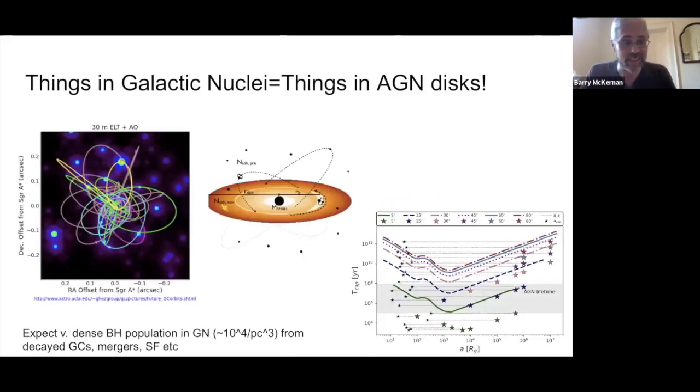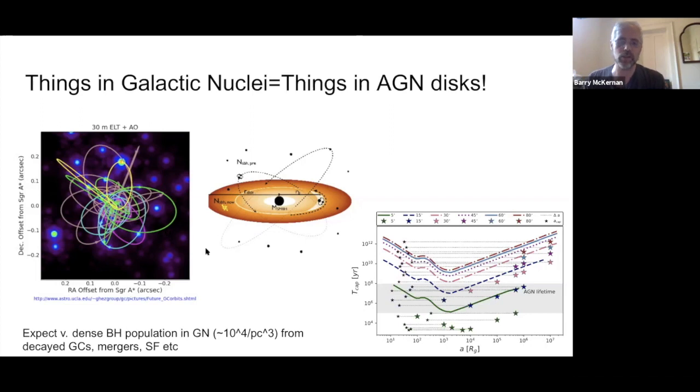So the solution is that there are things in galactic nuclei. The galactic nucleus isn't just a supermassive black hole with a gas disk or no gas disk. There are things there. Just to illustrate the point, here's an image taken by the GES group of the orbits of some bright stars in our own galactic nucleus. And you can see this dynamical mess of orbits, all orbiting something in here. Sag A star, the supermassive black hole at the center of our own galactic nucleus.